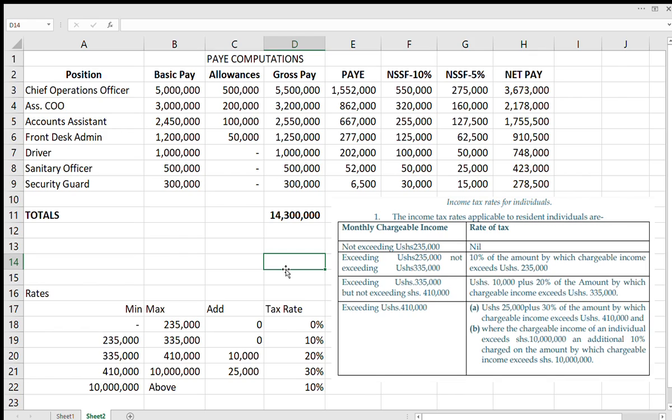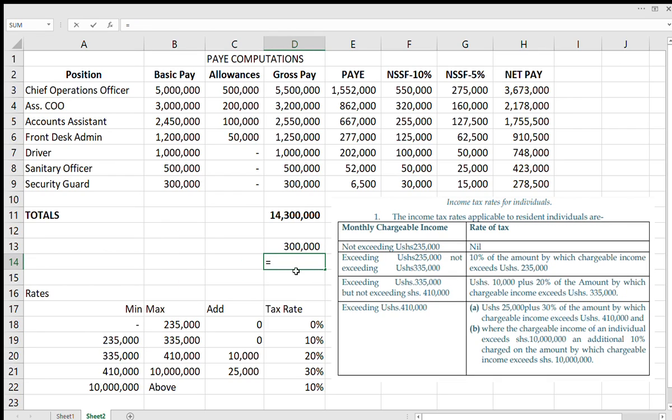We find the range where this person falls. 300,000 shillings falls in the range of 235,000 to 335,000. It is above the 235,000.